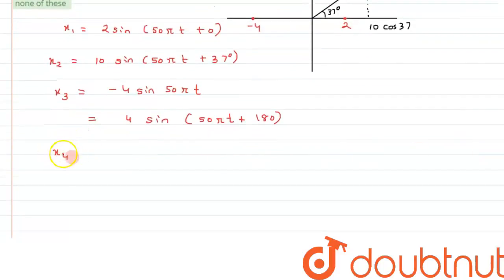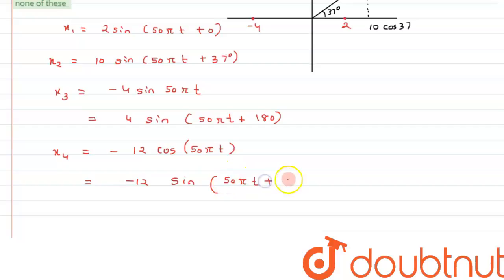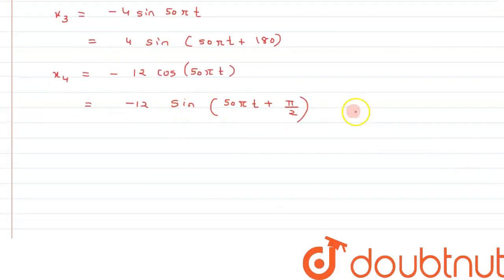Similarly for the fourth particle, its displacement equation is minus 12 cos of 50 pi t. Here it is cos, so we first convert cos into sine to match it with the general equation. We can write cos theta as sine of 90 plus theta, so it can be written as sine of 50 pi t plus pi by 2. Now if we carefully analyze it, its initial phase is pi by 2, but the amplitude is minus 12.